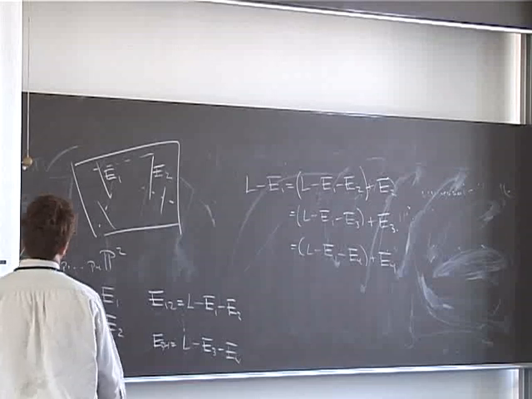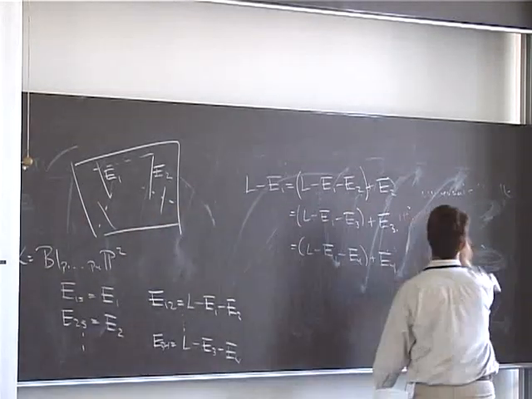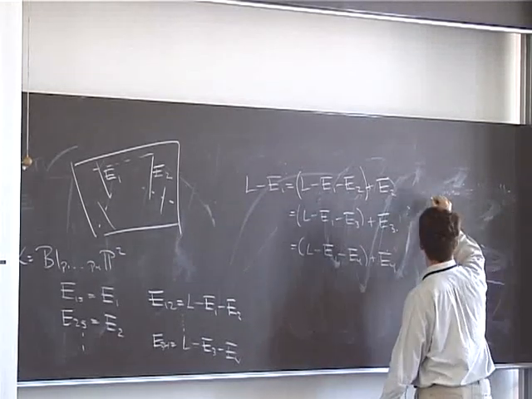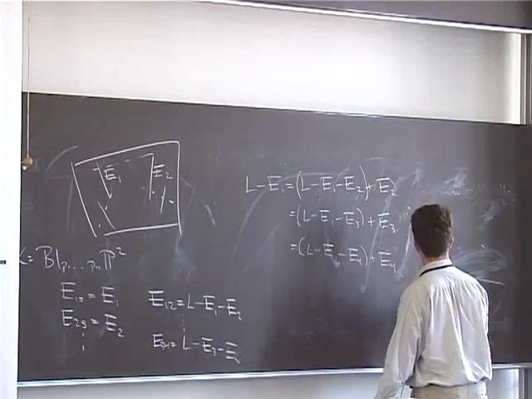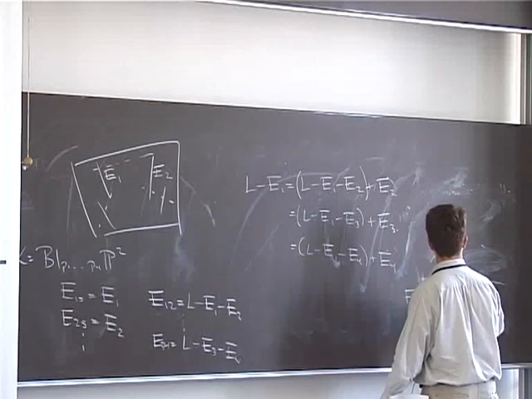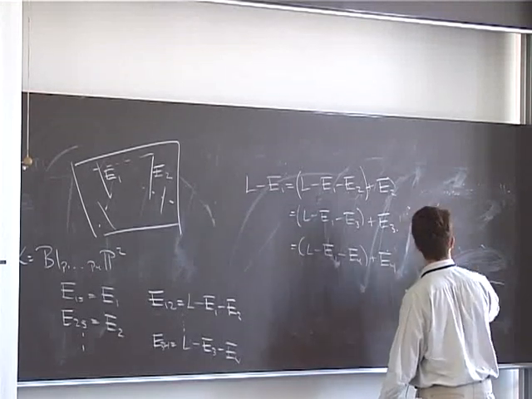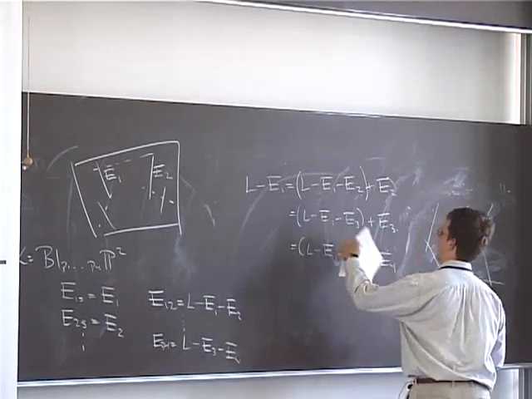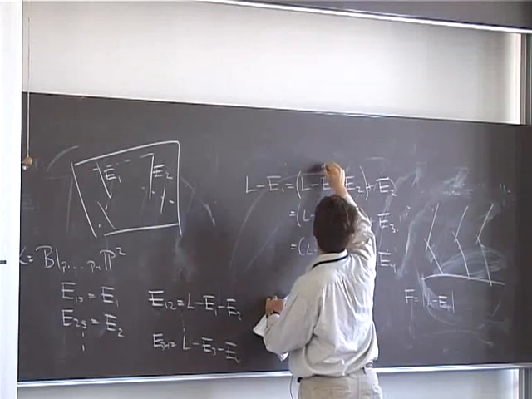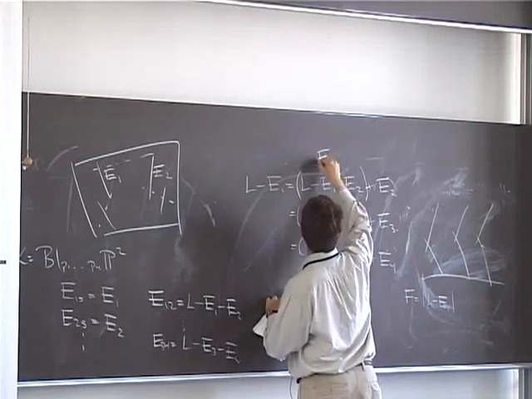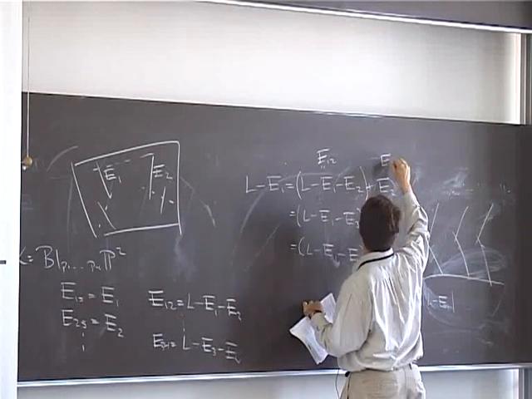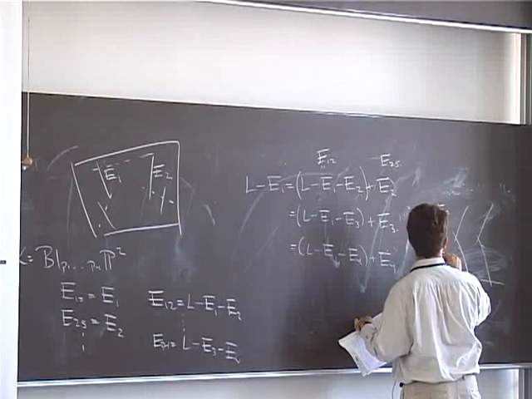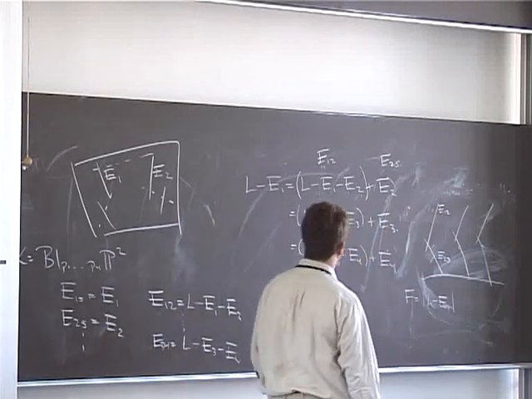So another way of saying this is that I have a conic bundle structure given by L minus E1, with fibers. Well, I denoted this by E12, this was E25. I get singular fibers that are unions of these exceptional divisors.